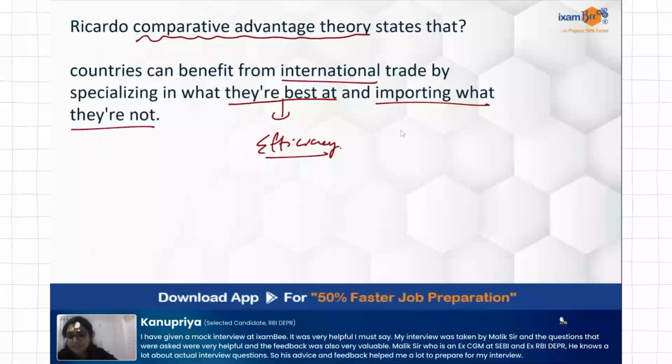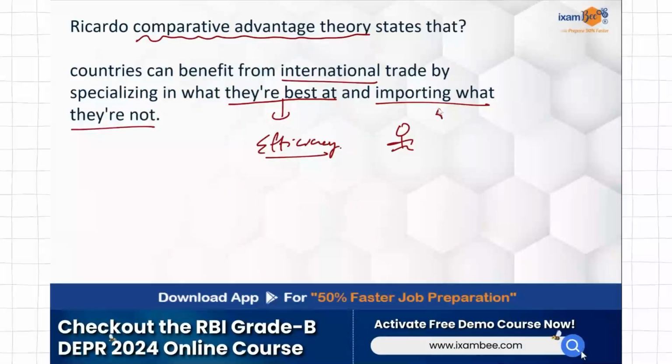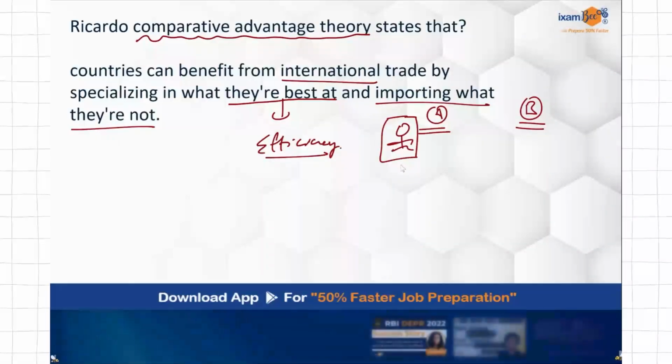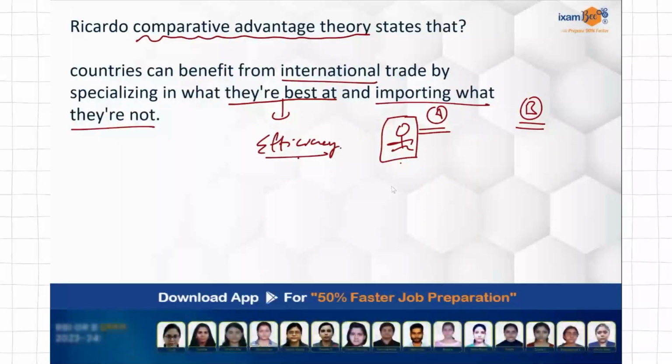So, for example, let's say we have two goods, good A and good B, and we need to make a decision. In this case, a country will be producing only that good where it specializes, where it can produce more. So again, the efficiency matters.